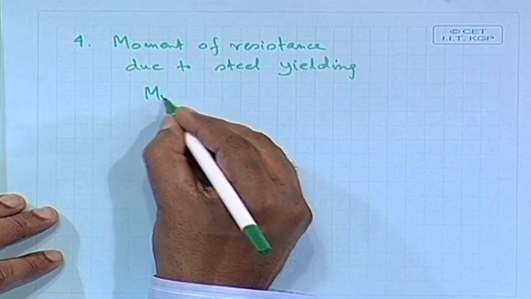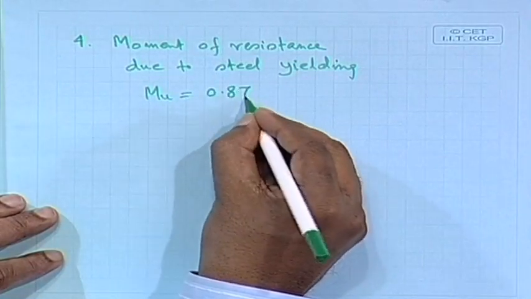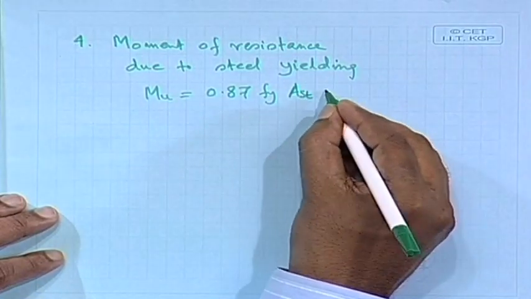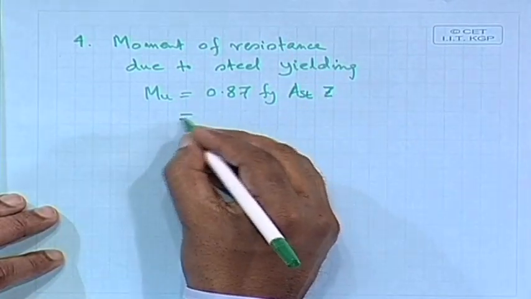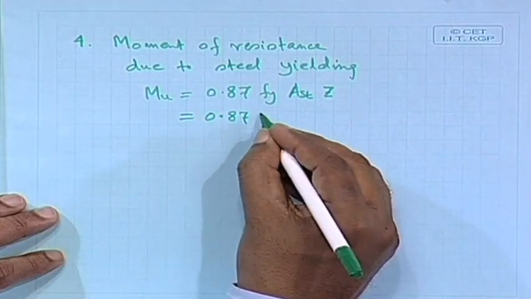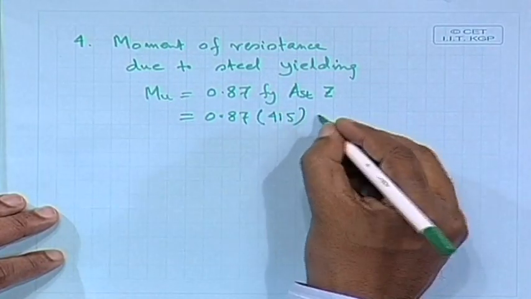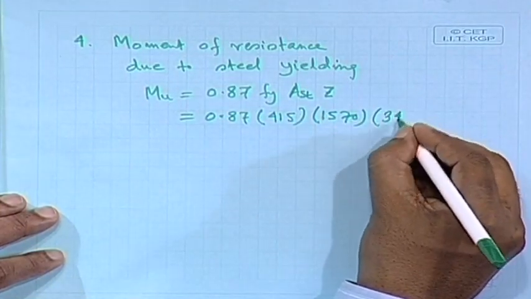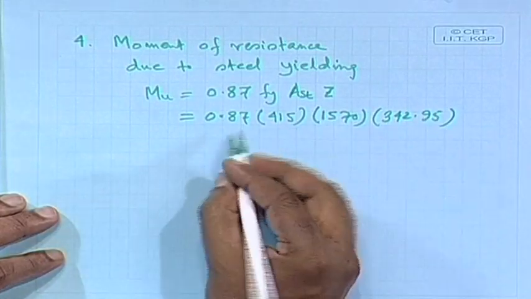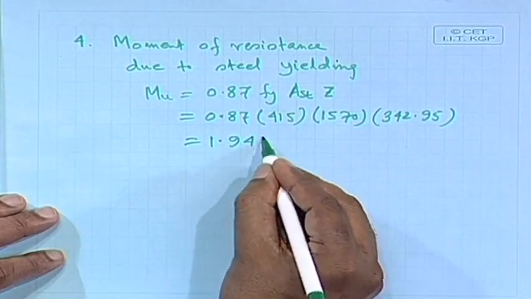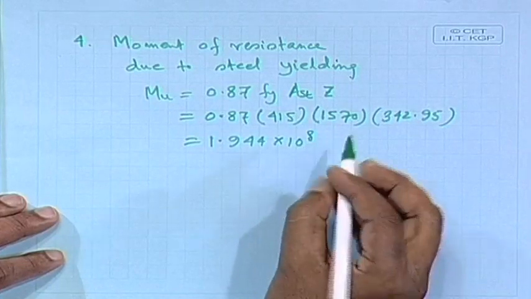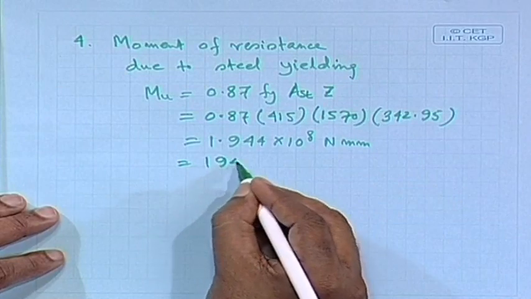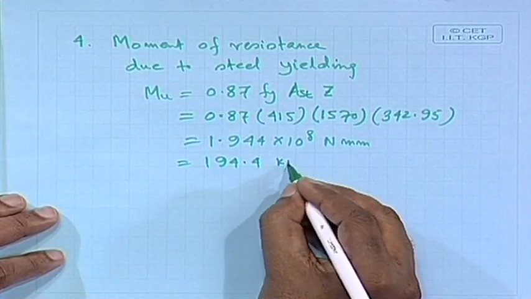So, we can get Mu equal to 0.87 Fy AST times Z lever arm, equal to 0.87 times 415 times area of steel 1570 times lever arm 342.95, equals 1.944 into 10 to the power 8 Newton millimeter, equals 194.4 kilonewton meter.